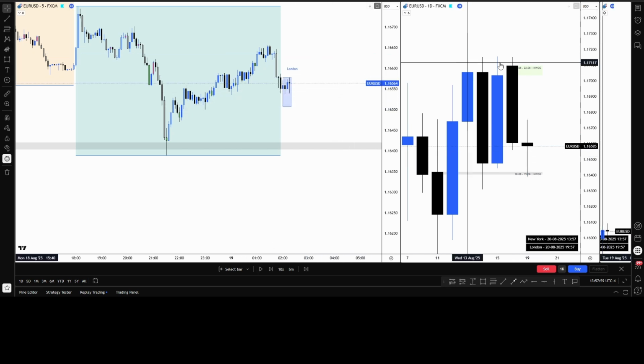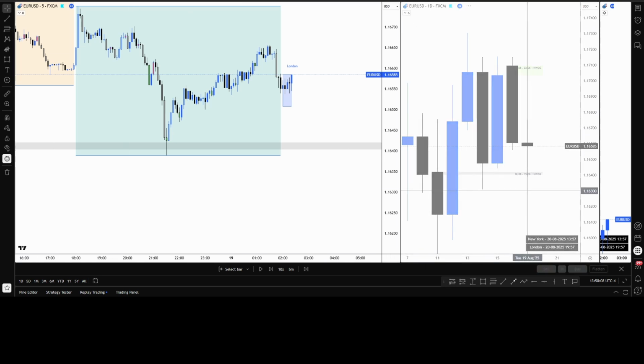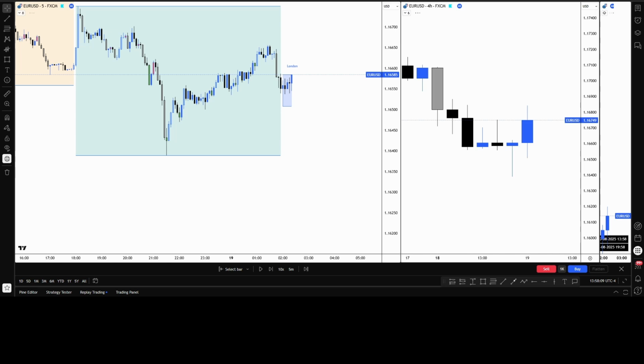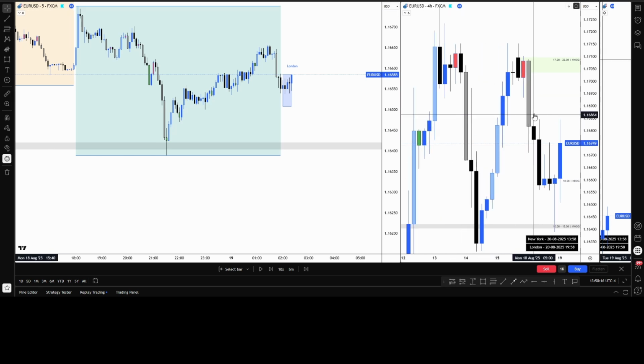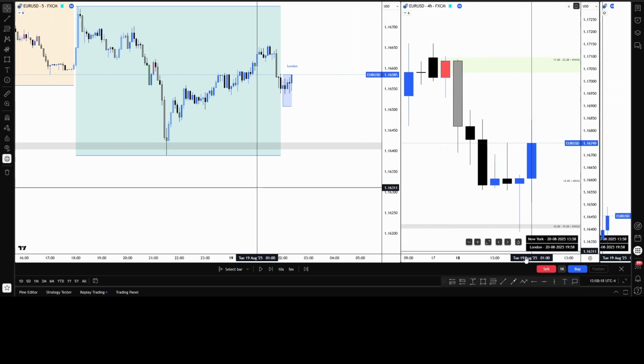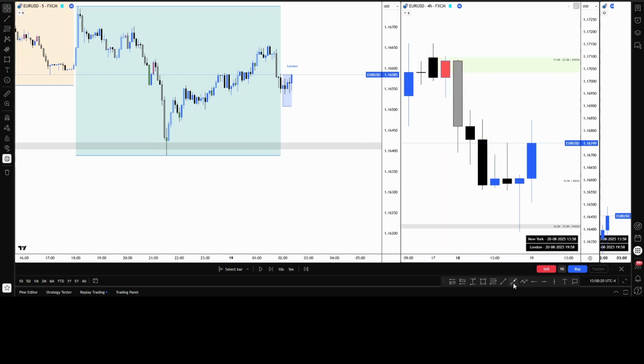We'll get the stop. What we need to be aware of is, let's go to the 4-hour chart. Let's see where we are at this point in time. There is a fair value gap there.